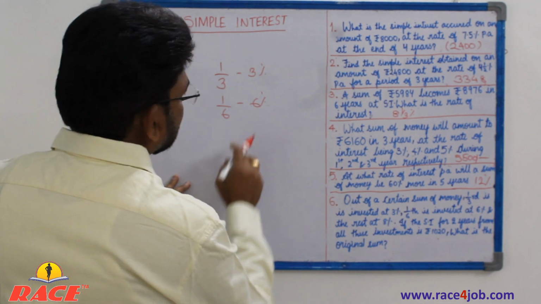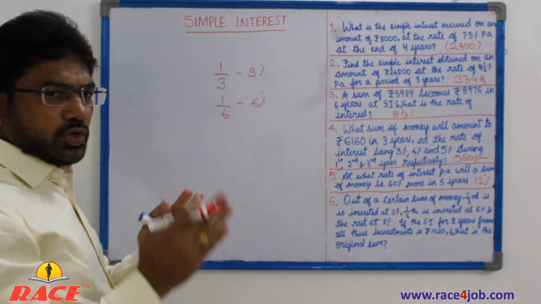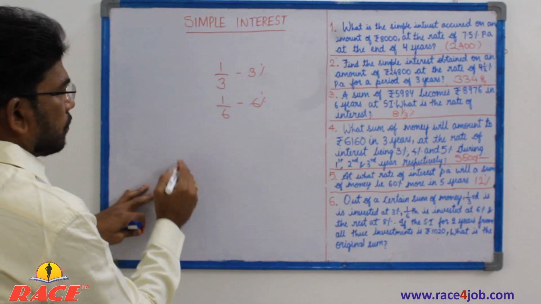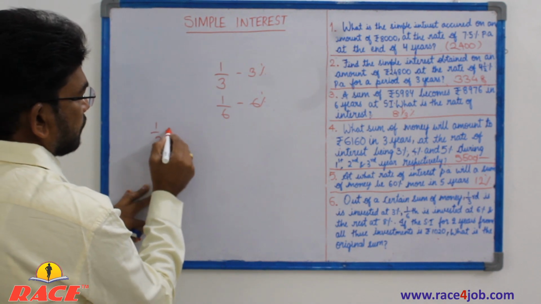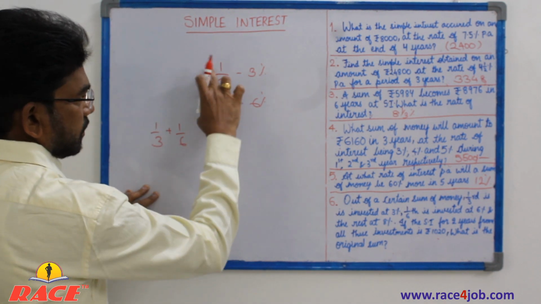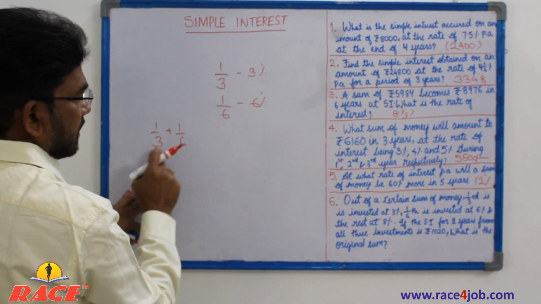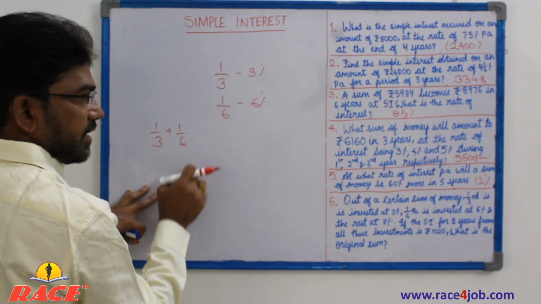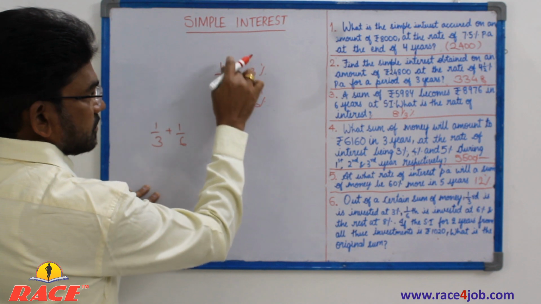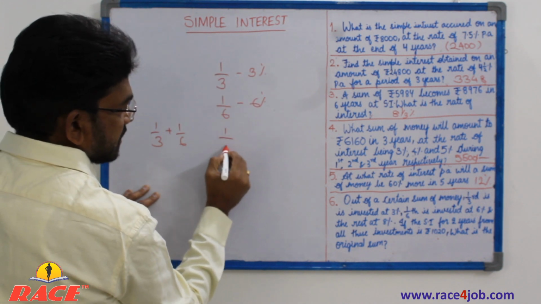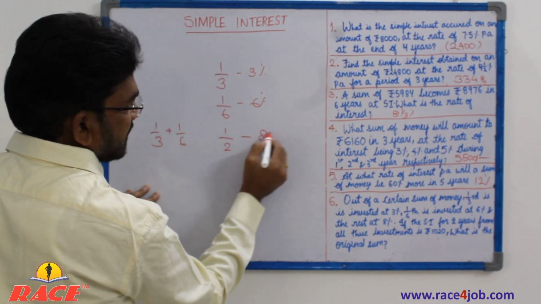What is the balance? Out of the total, 1/3 and 1/6 you take out. How much does 1/3 plus 1/6 come to put together? 6 plus 3, 9. 9 by 18 means 1/2. Half is put together, so the balance means another half. Another half is at 8%.